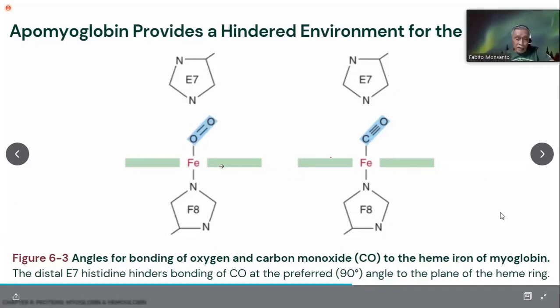This green thing here is the plane of your heme, and in the center is your iron. And this is attached. The fifth coordinate of your iron is your histidine with an imidazole ring here. And this is A7. A7 is not attached to the iron.